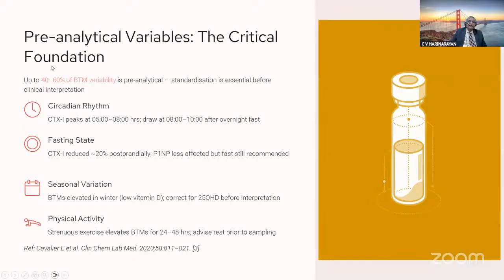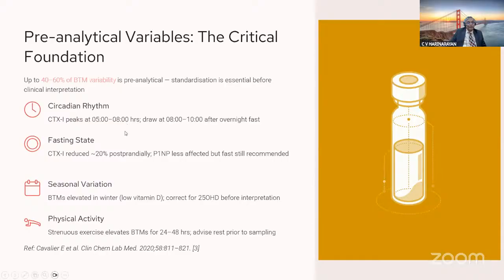So the critical foundation is that up to 40 to 60% of bone turnover marker variability is pre-analytical. Standardization is essential before clinical interpretation. Regarding circadian rhythm, CTX peaks between 5 and 8 in the morning. So draw the blood after an 8 to 10 hour overnight fast, between 5 and 8.